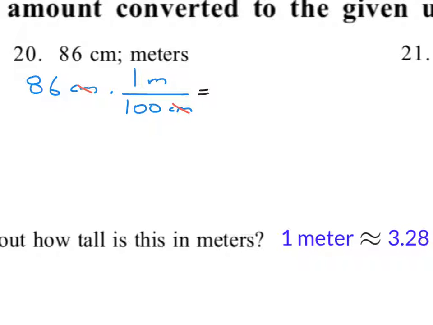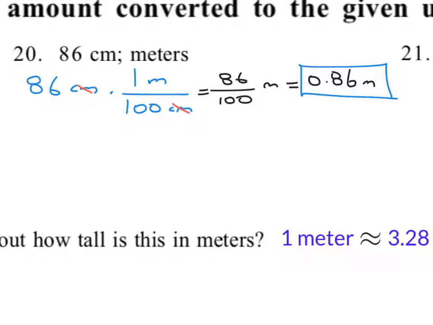And if we multiply straight across, what we get is 86 over 100 meters. And 86 over 100 is literally 86 hundredths, which is the same way that you say this. 86 hundredths or 0.86 meters. Okay, so that's the answer to that one.